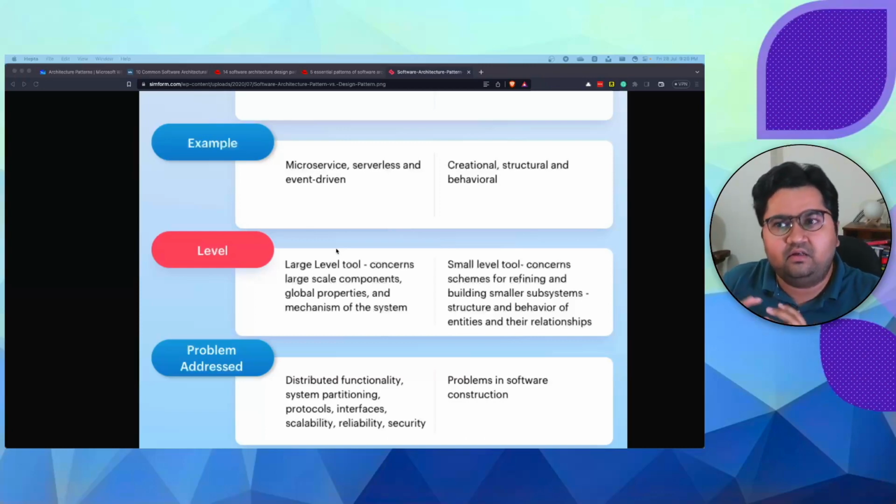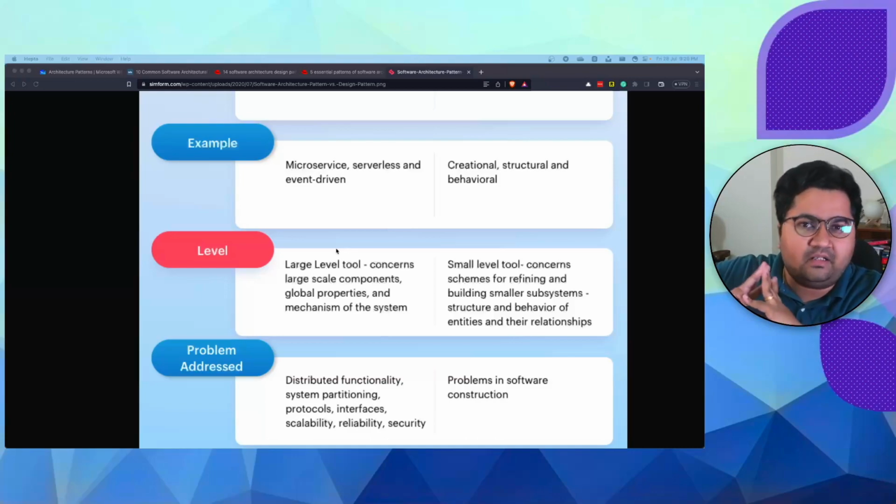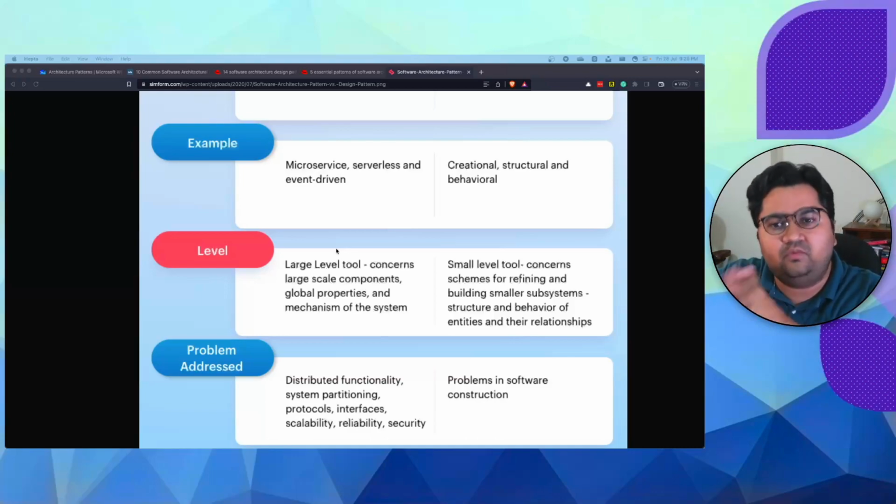So you could think architecture patterns are more conceptual and abstract, while the design patterns would be more tangible and concrete towards development. Some of the architecture patterns are layered architecture, client server, microservices, microkernel, MVC, event driven, and so on and so forth.